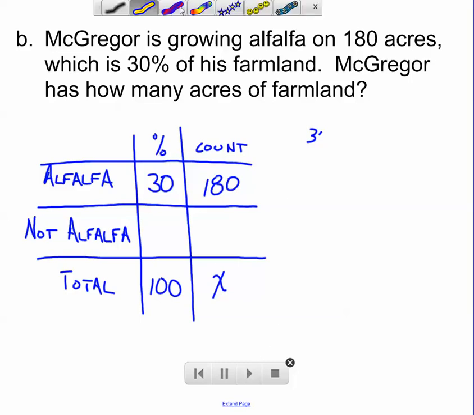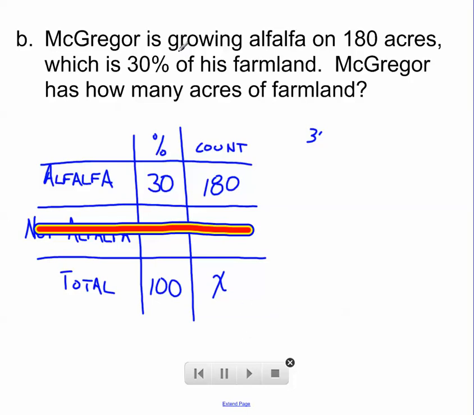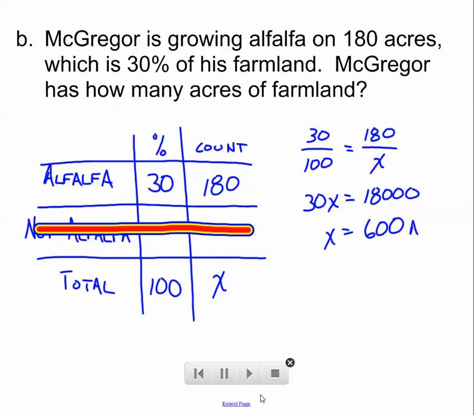Again, we're not using this column. 30 over 100 equals 180 over x. Cross products, 30x equals 100 times 180. Divide both sides by 30. 18,000 divided by 30 is 600, and that is 600 acres of land that he has.